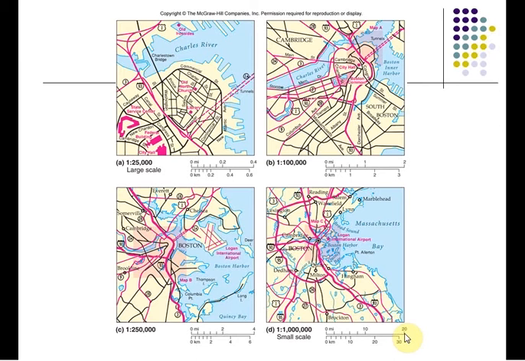And scale is important, as you can see from these 4 examples of downtown Boston, how different layers of scale will provide you different information. The thing about maps is maps are designed for their use. So each map has its own particular function and only provides enough information to serve that function. So in the case of these maps, you don't see any geographic or physical features.